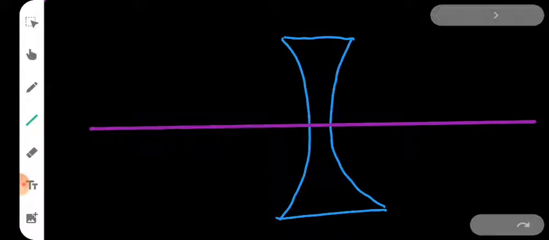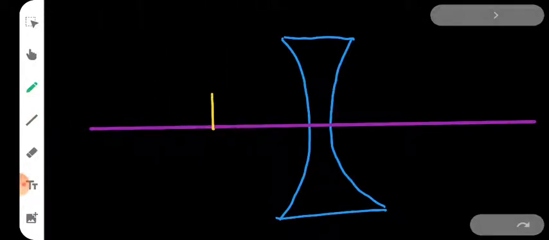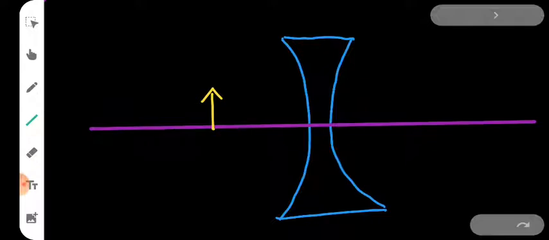I'm not going to put any c's or f's, because wherever the object is, it can be anywhere on the negative x-axis. So nothing much to it. It can be placed anywhere between p and infinity. Here is your p, and you have infinity. So the object is kept between infinity and p, that's all.